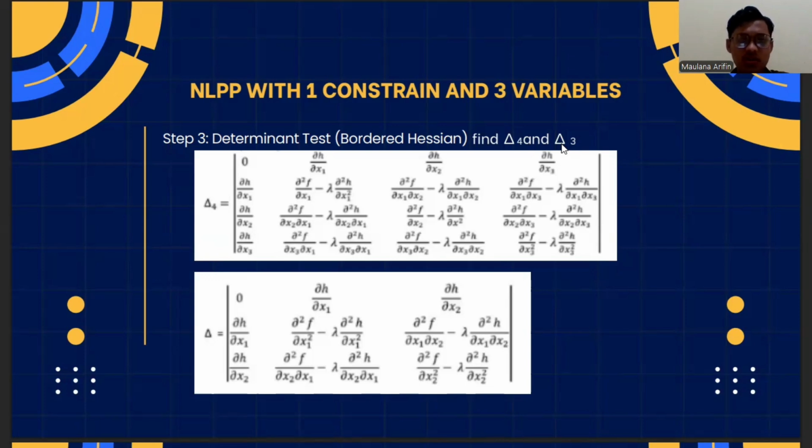To find the determinant 4, we use the bordered Hessian, like on the screen, and next the determinant 3, like on the screen. The matrix is set up using the second partial derivatives of the objective and the constraint function. And we calculate the determinant of matrix 3 and matrix 4.